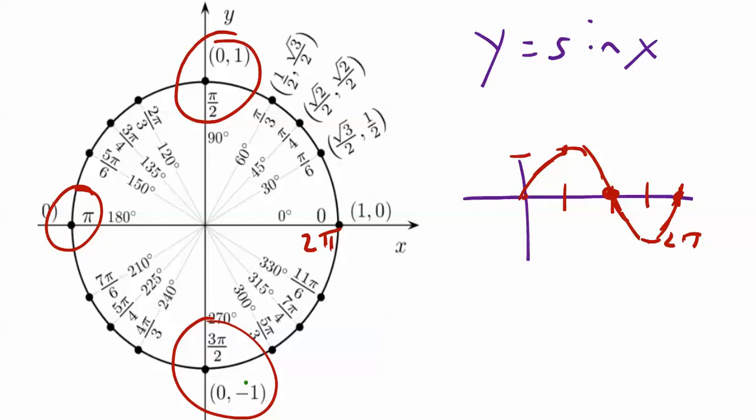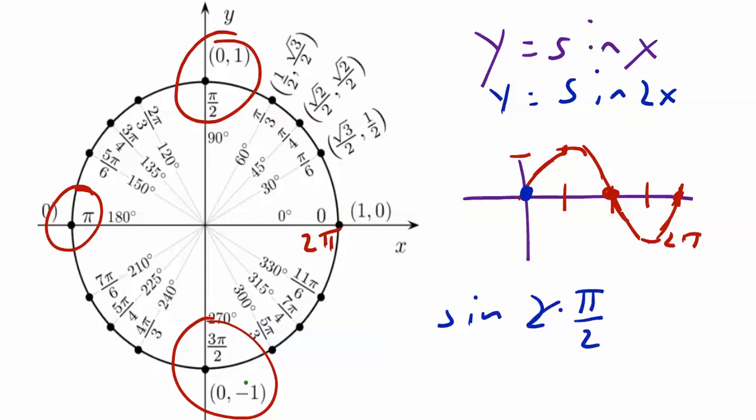Well, what happens if we make this y equals sine of 2x? When I put in 0, 2 times 0 is still 0, so the sine of 0 is 0. That point doesn't change. When I put in pi over 2, though, this is going to be the sine of 2 times pi over 2, the 2's cancel, so it's like I'm getting the sine of pi.